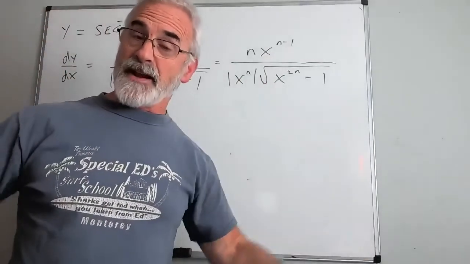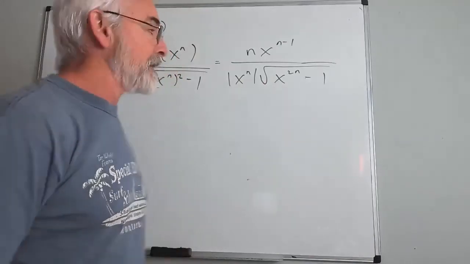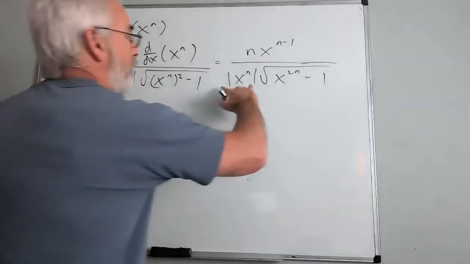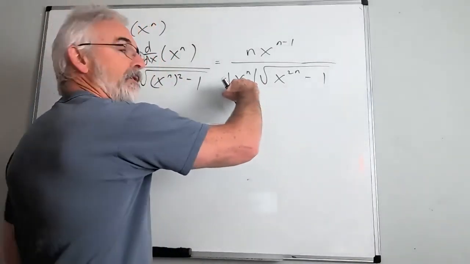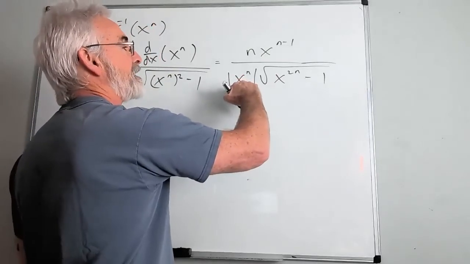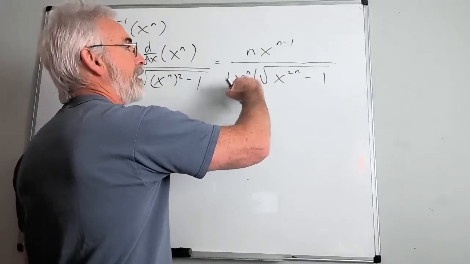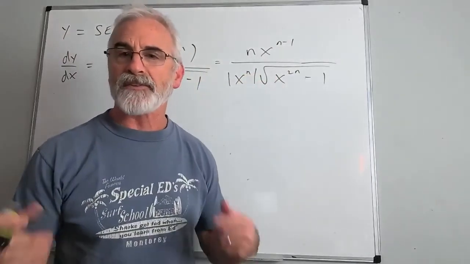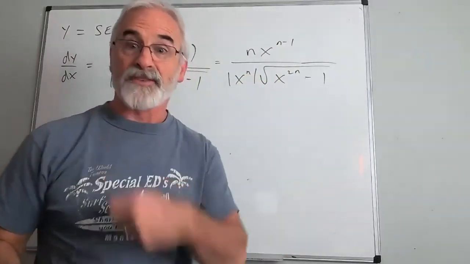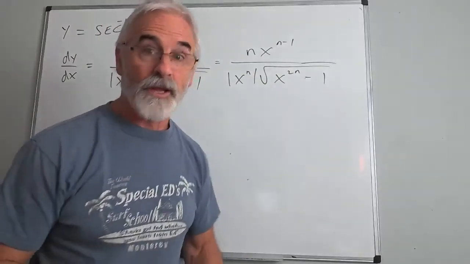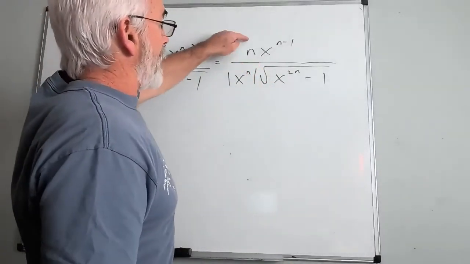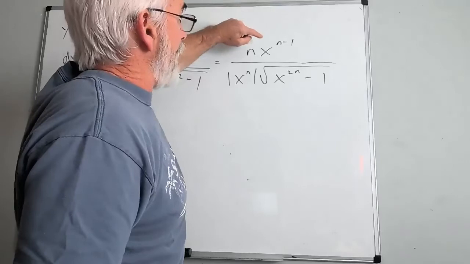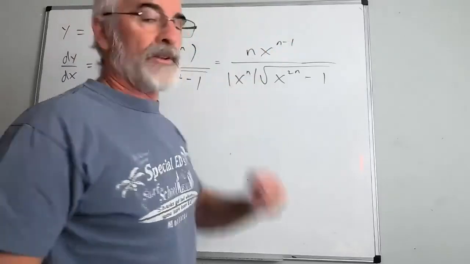In other words, let's pretend that absolute value actually matters. If x is a negative value, we know the absolute value here is going to be positive. Agreed? But if x is a negative value and these differ by 1, I'm going to have a single x left over that is still a negative value. My numerator, if x is a negative value, it depends on whether n is odd or even, doesn't it?